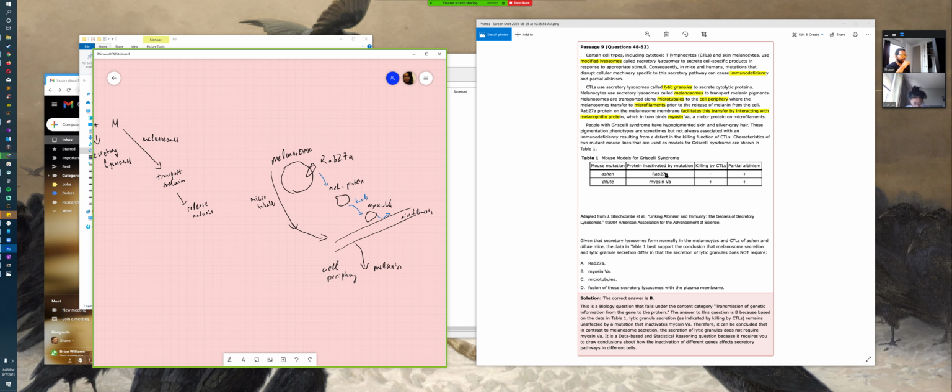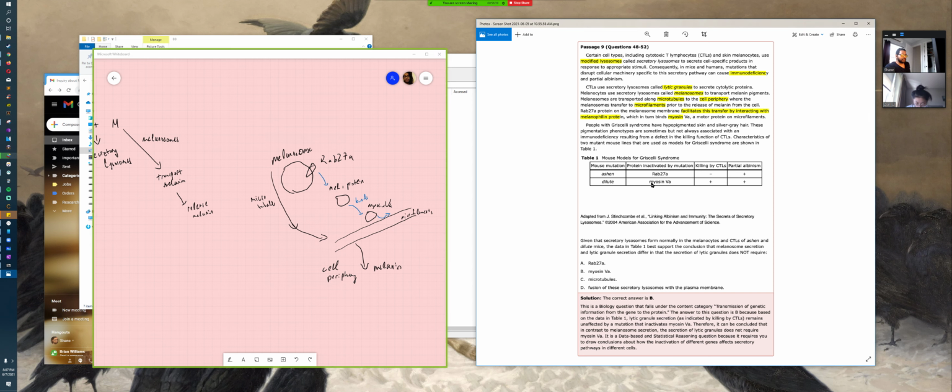Let me see. What are they asking? Given that secretory lysosomes form normally in the melanocytes and CTLs of ashen and dilute mice, the data in Table 1 best support the conclusion that melanosome secretion and lytic granule secretion differ in that secretion of lytic granules does not require.